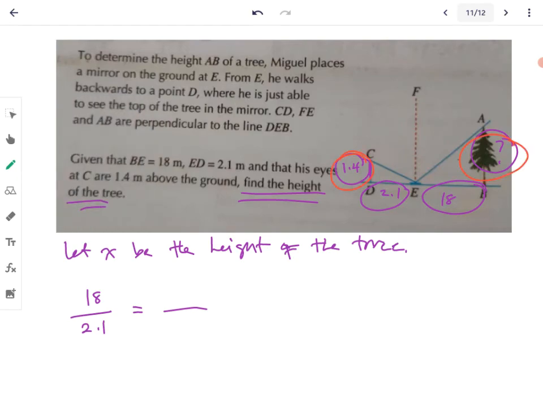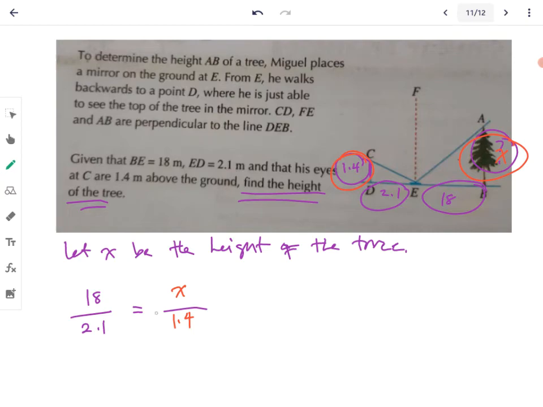Since 18 is from the larger triangle, we will write the x here. That's also from the larger triangle because we let the height of the tree be x. Then since 2.1 is from the smaller triangle, we will also put the 1.4 in the denominator.